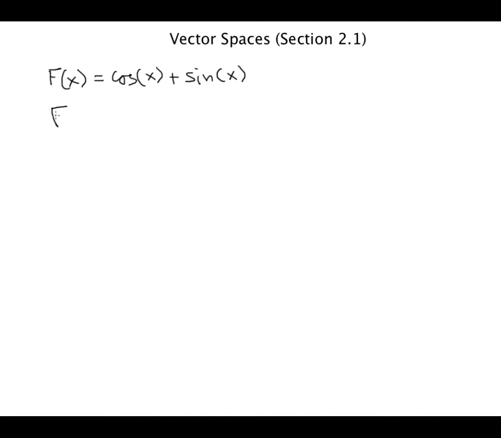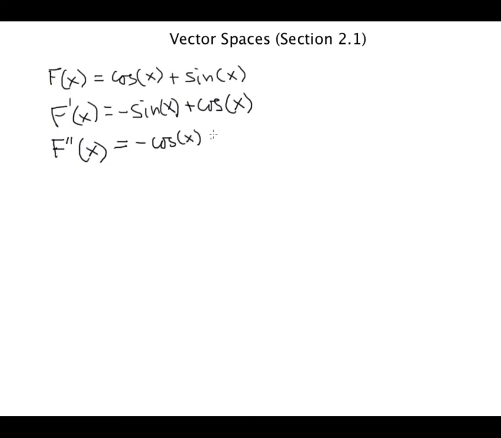Does this work? Well, let's see. F prime of x is equal to minus sine of x plus cosine of x, and F double prime is equal to minus cosine of x minus sine of x. And just looking at the signs here, you see that indeed this is equal to minus F of x.